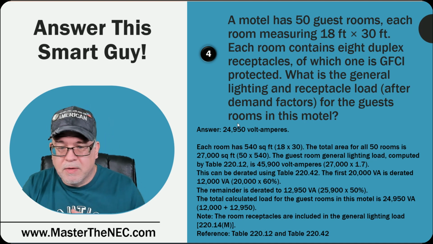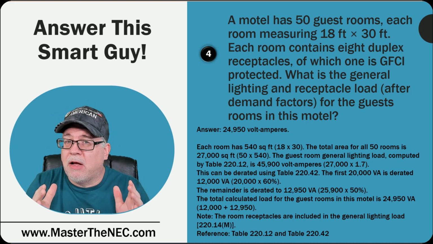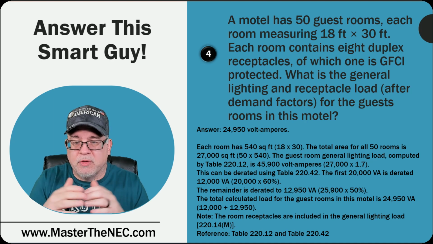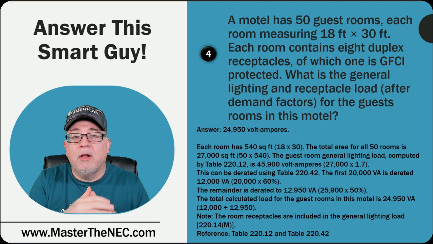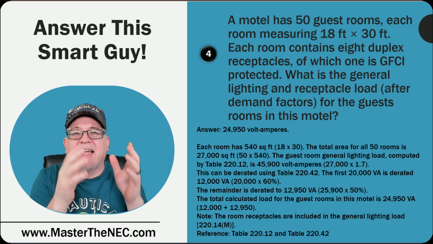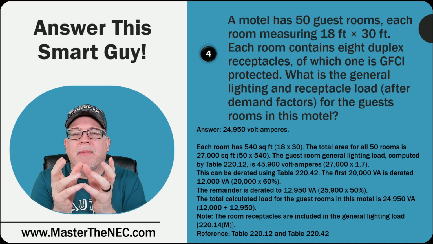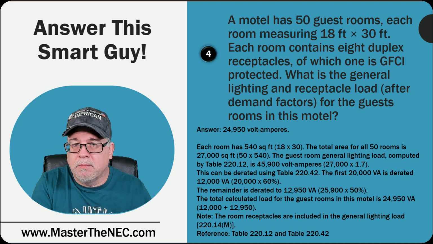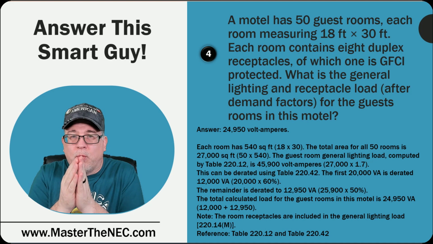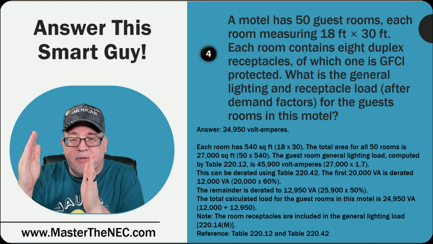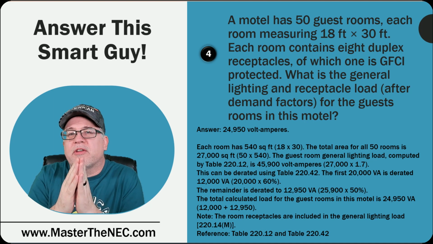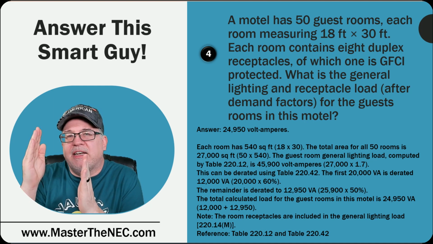It's pretty simple. Again, go up to 20,000. In our case, it was 45,900. So the first 20,000, take that bulk amount and multiply it by 60% and write that value down. Now, start at that 20,001 and go up to whatever the value was, which in our case was 45,900. So what's the amount over the 20,000 up to the 45,900?